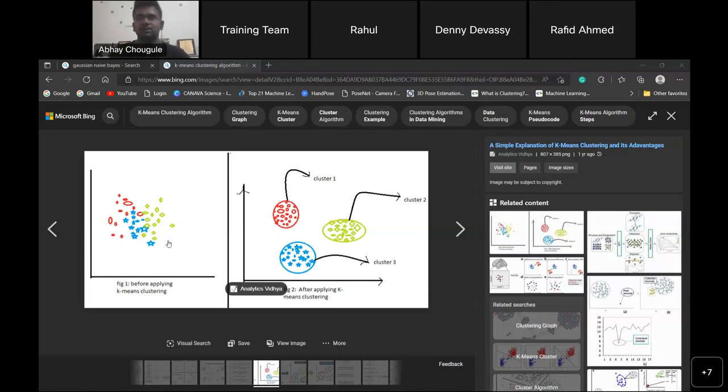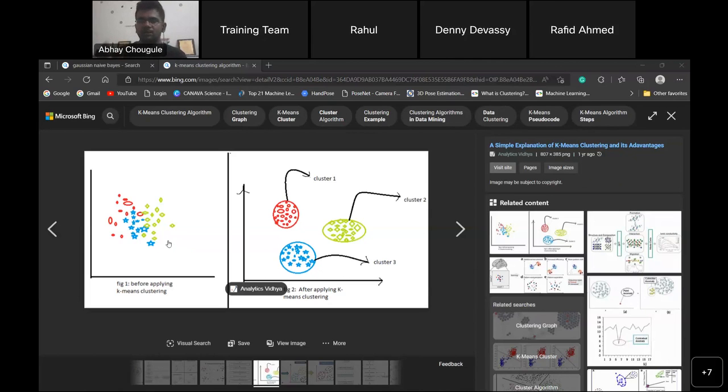Suppose there are thousands of people, and you say create two random clusters of these people. It will find similar kinds of faces, and those similar faces end up in the same cluster. It will create only two clusters.